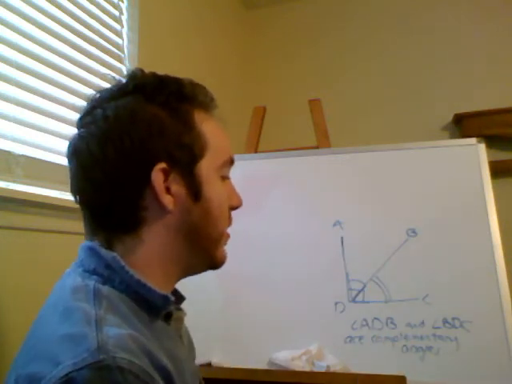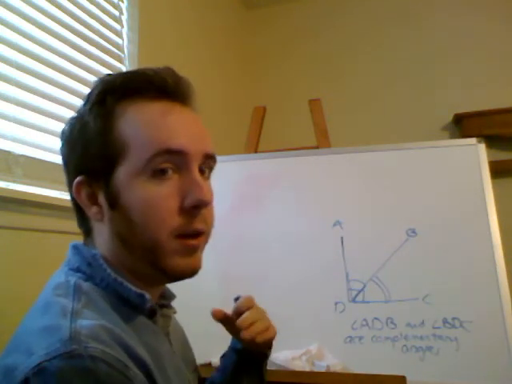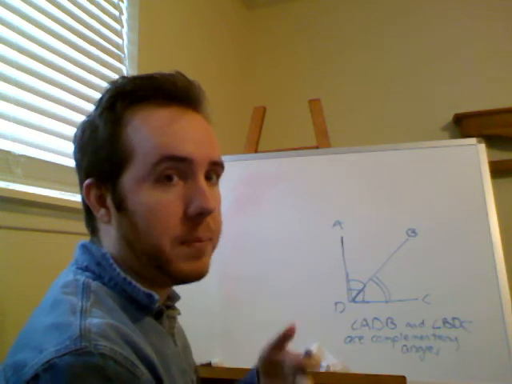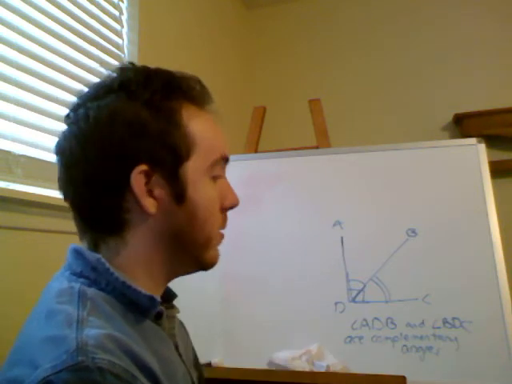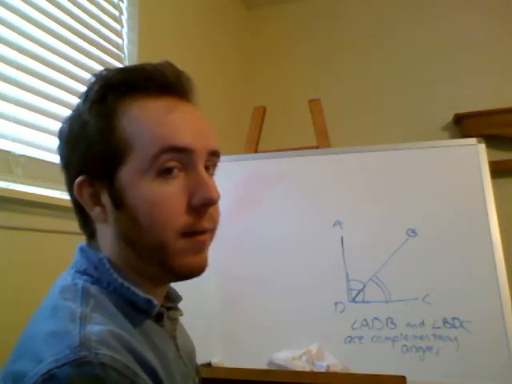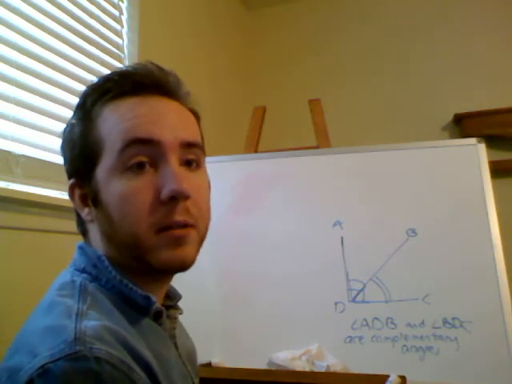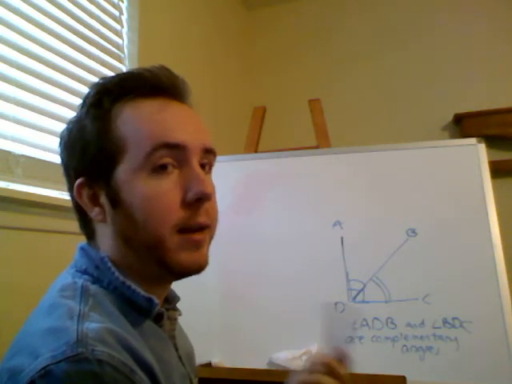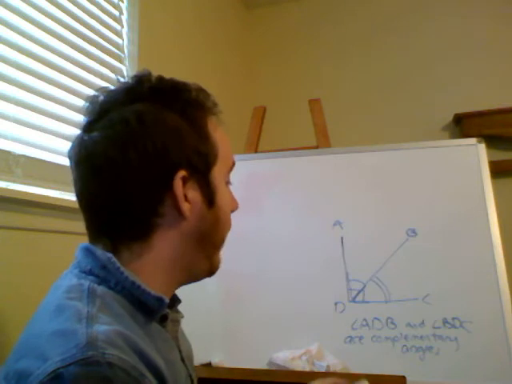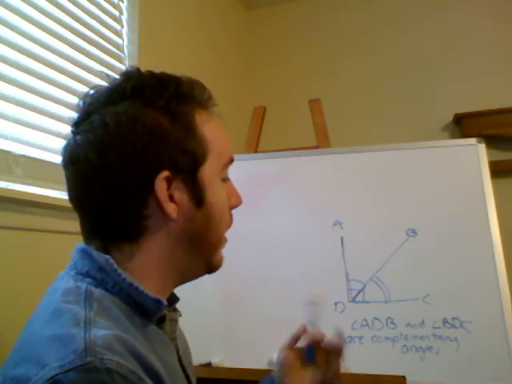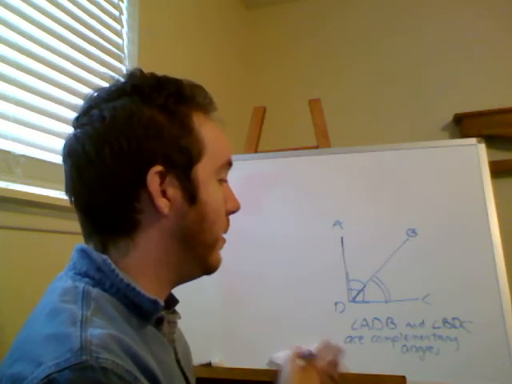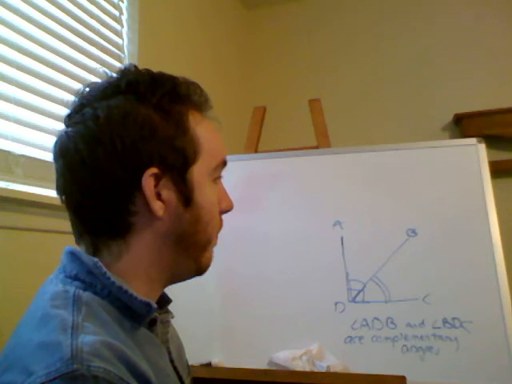We can also describe them as just being complementary. Complementary is like an adjective, like a description. Complementary angles is more like a noun. It's an idea, right? Like how we have even numbers, and then we have a number is even. You have complementary angles, and an angle is complementary.